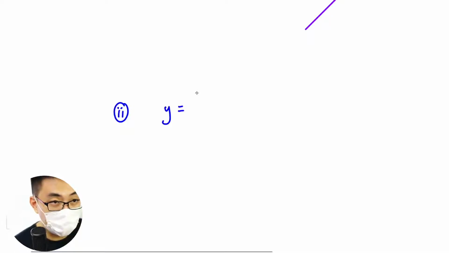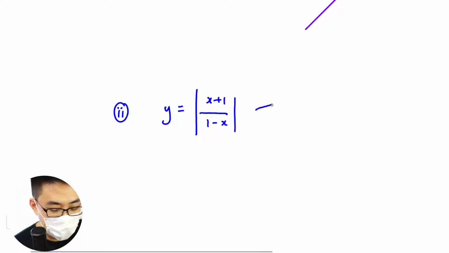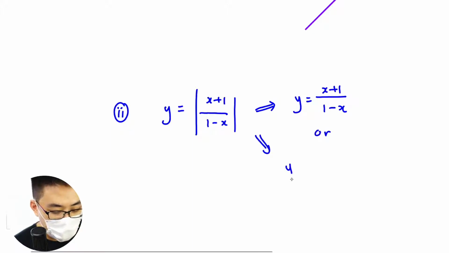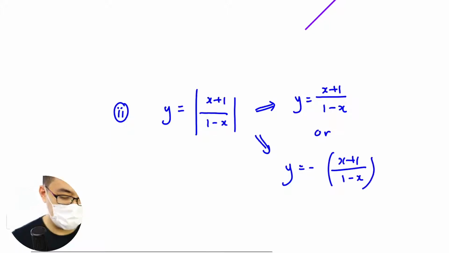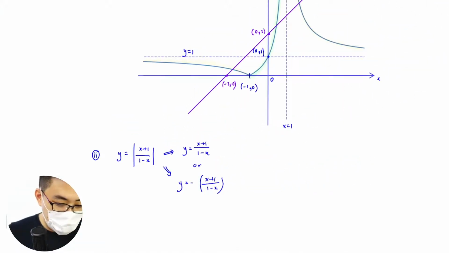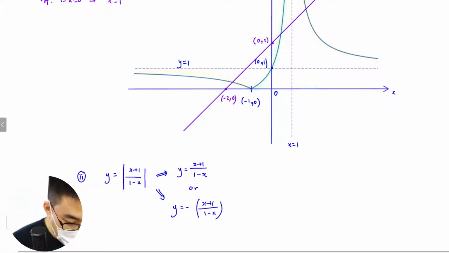Y equals to x plus 1 or minus x. This will be y equals to x plus 1 minus x, or y equals to minus x plus 1 minus x. Okay. Obviously, the negative one, the one being flipped up, will be this one.